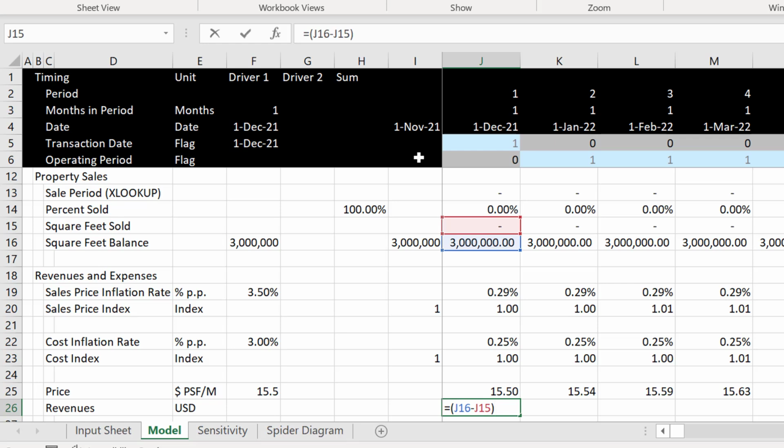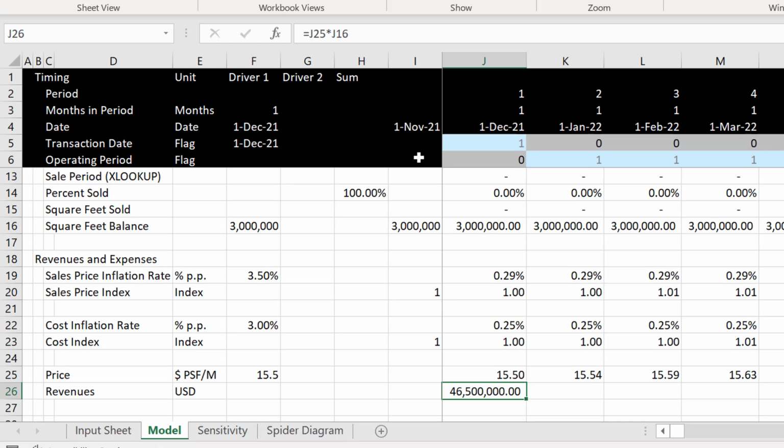Because the square feet balance is the balance at the end of the period. And if we multiply it by a cap rate, no, we can sell it at the end of the period. I'm sorry about that. Let's just take our balance. Okay, so that's our revenues.